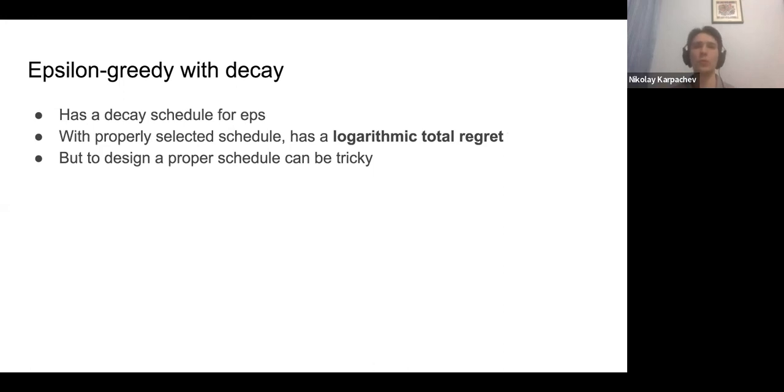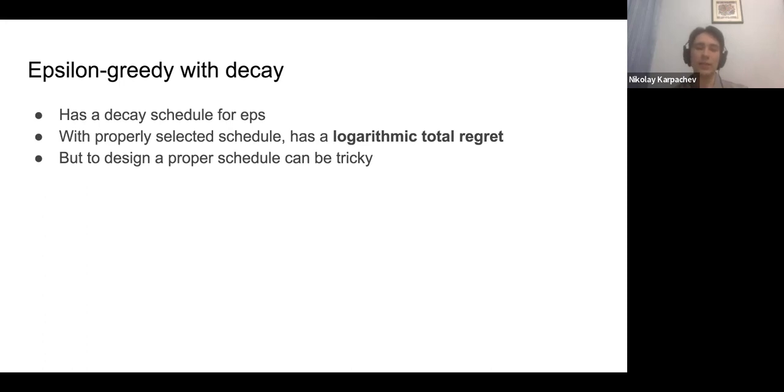So we want to program kind of the function according to which the epsilon will decrease from high value to the low value. And it turns out that it is very complicated to design the schedule that is both not very slow decaying and not very fast decaying.